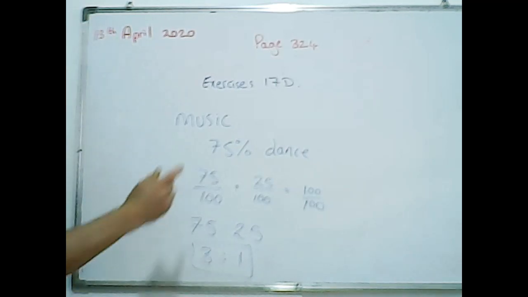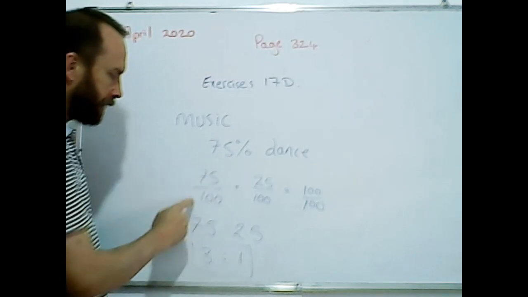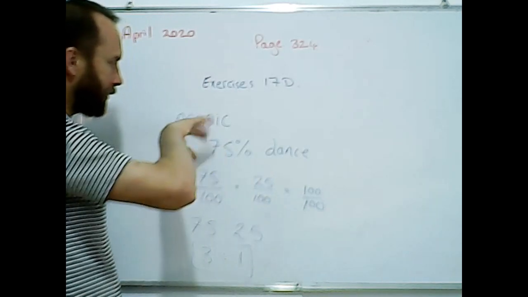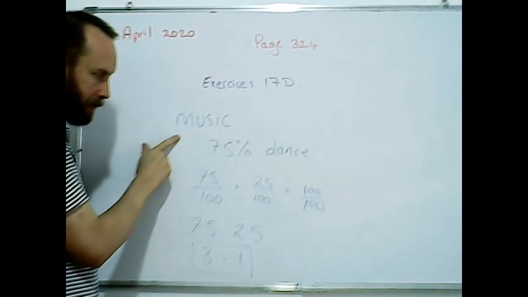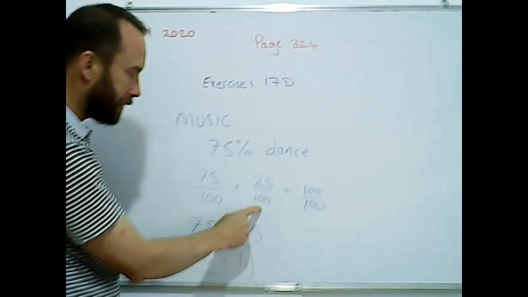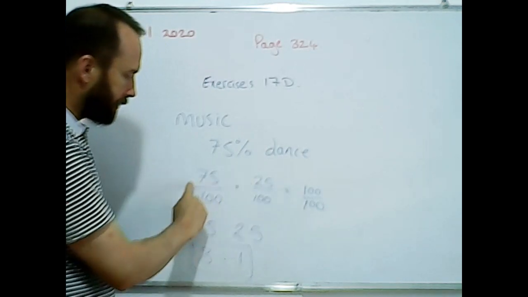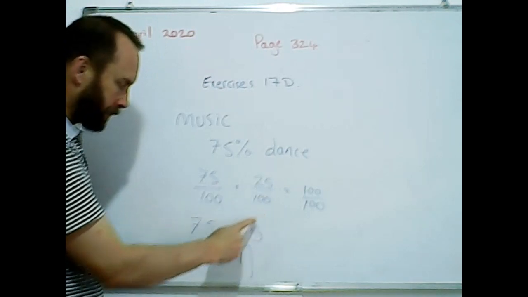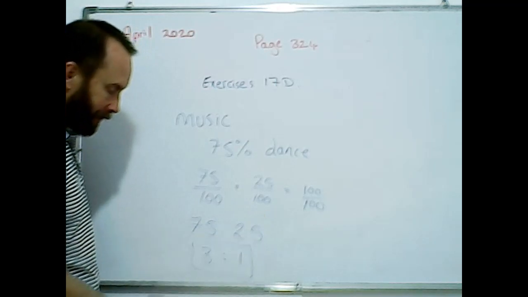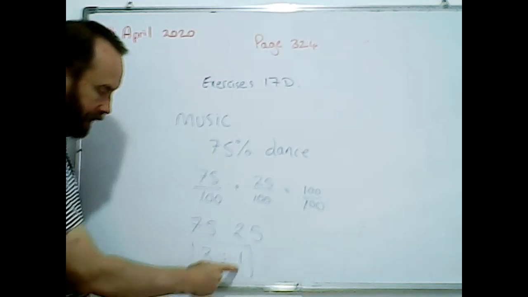We looked at 75% being dance and wrote that down as our fraction. We need the 2 fractions to add up to the whole music. So 75 plus something over 100 gives us 100 over 100. So 75 plus 25, we write that down as our ratio, 75 to 25, and then we simplify it down to get 3 to 1.